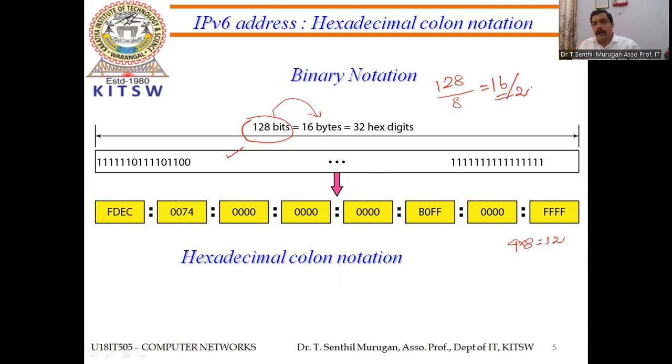Each block has 2 bytes, and in total 8 blocks are there. So each block represents 2 bytes, that means 16 bits. These 16 bits will be represented with hexadecimal numbers.